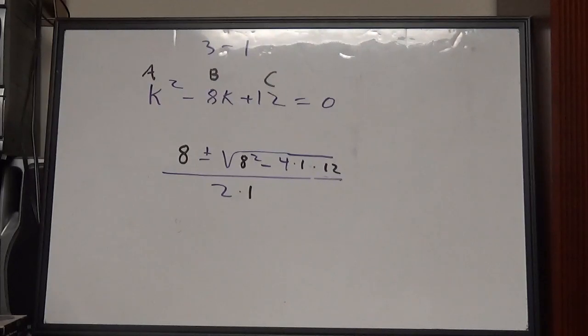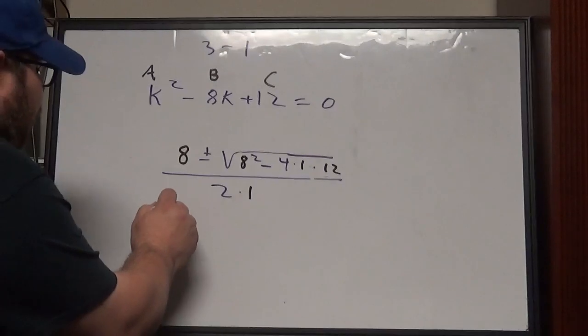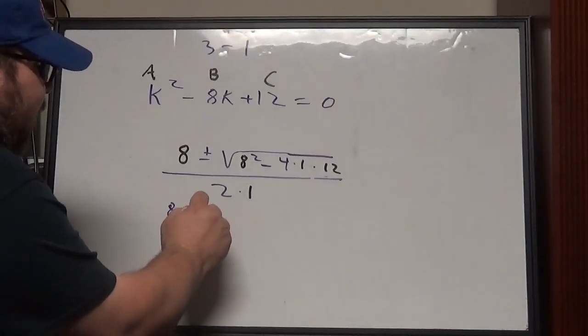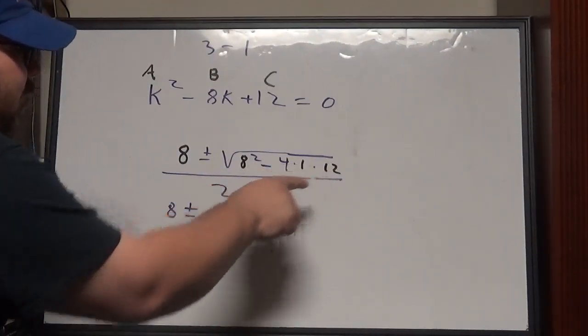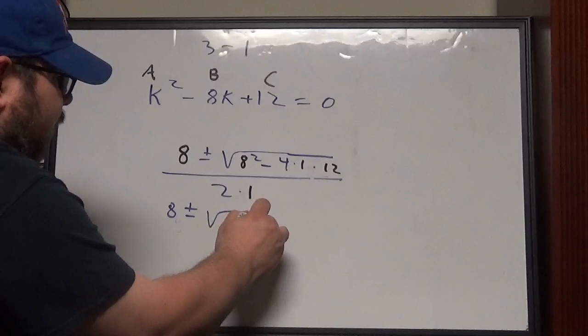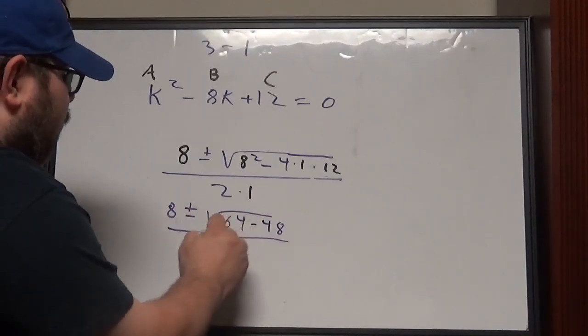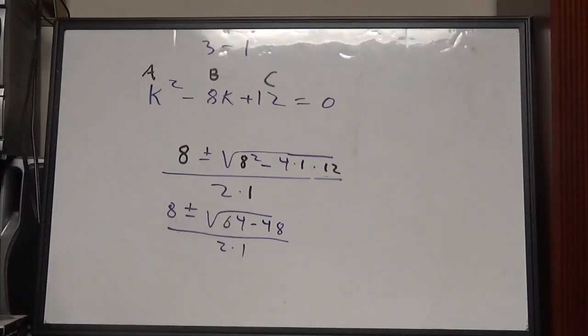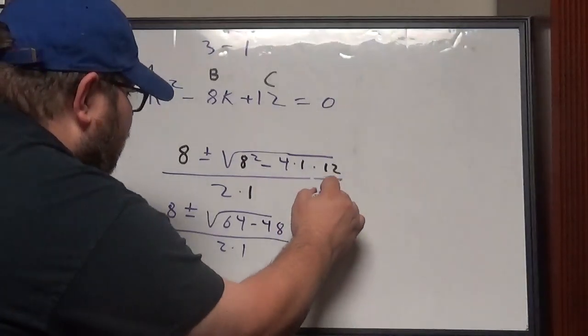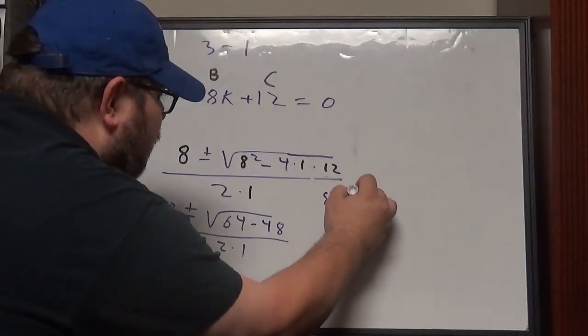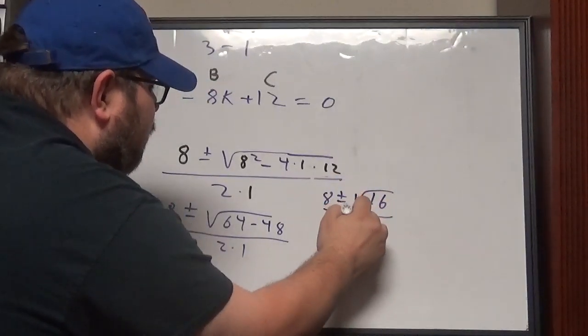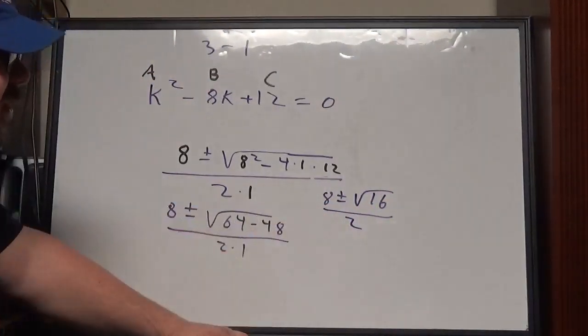I'm going to do it by hand this time, just because I like math, working through the discriminant. 8 squared is 64. 4 times 1 times 12 is 48. 64 minus 48 is 16. I'm going to simplify 2 times 1 and make it 2.